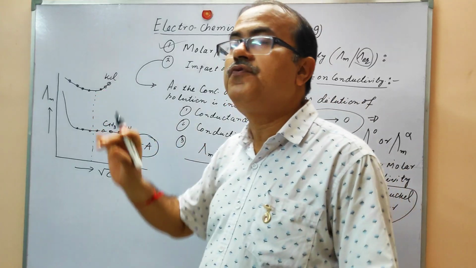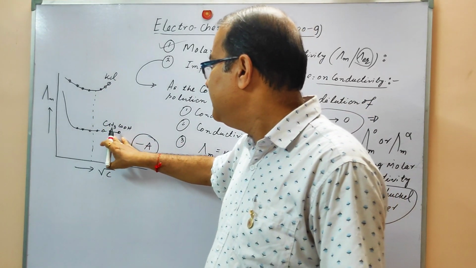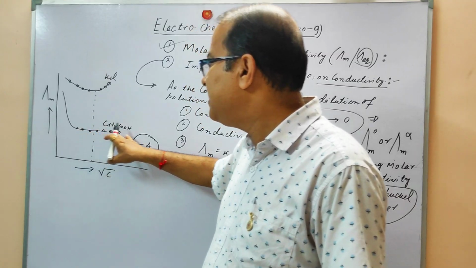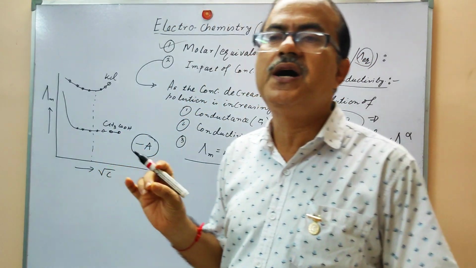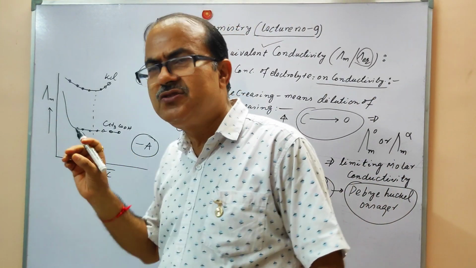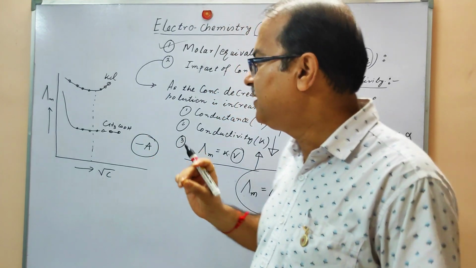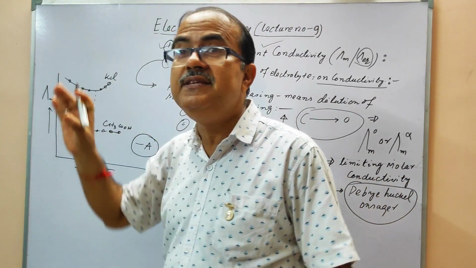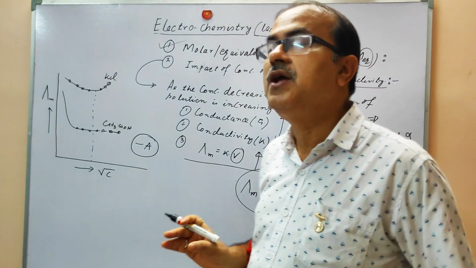And in case of weak electrolytes like acetic acid, you will find initially there is not much of a change of the molar conductivity, but when the dilution is very much appreciable, significant, at that time you will find there is a steep increase of the molar conductivity.